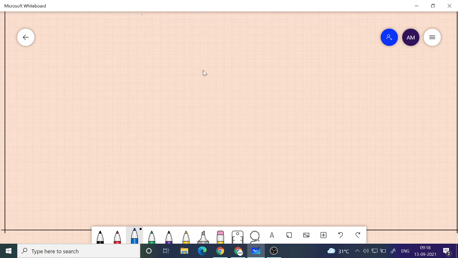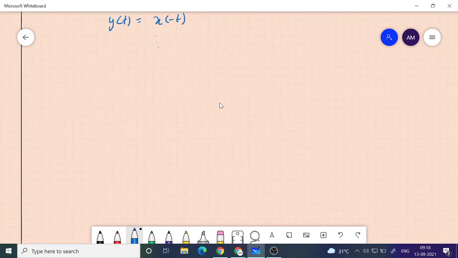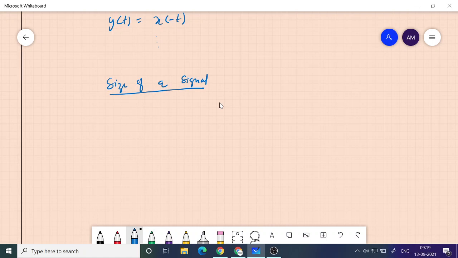So now let me go back to the topic of signals: the size of a signal. How big is a signal? Okay, how do we estimate the size of a signal?